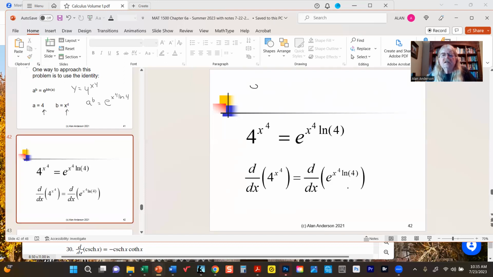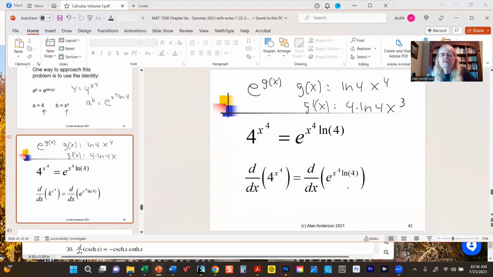If you think of this as e to the g of x, you can think of g of x as log 4 times x to the 4th power. Then g prime of x wouldn't be that difficult. It would be 4 times log 4 x to the 3rd power. And remember too that the derivative of e to the g of x is e to the g of x, times g prime of x.